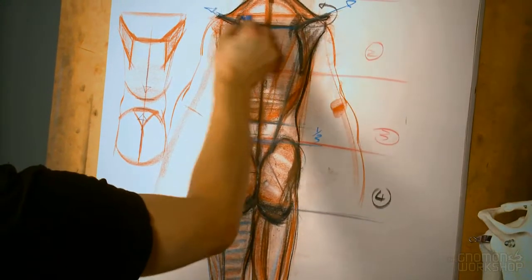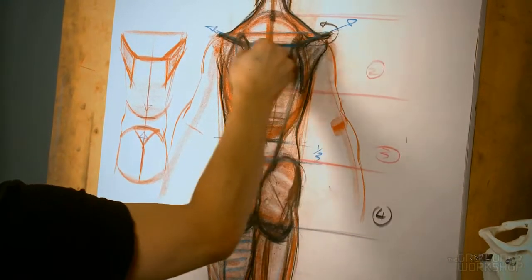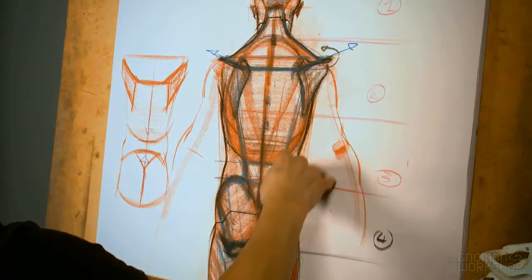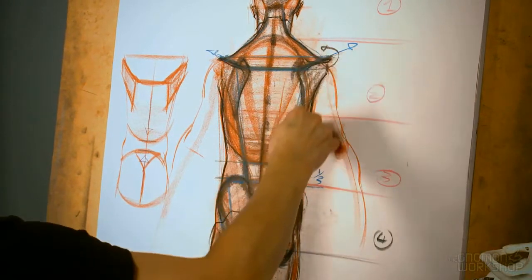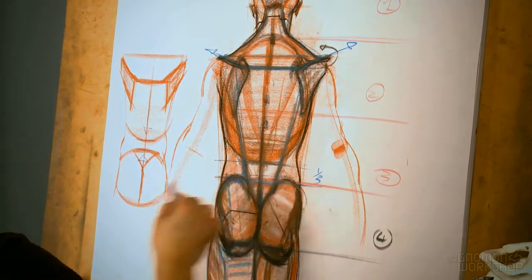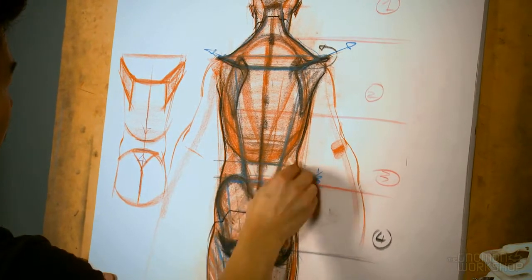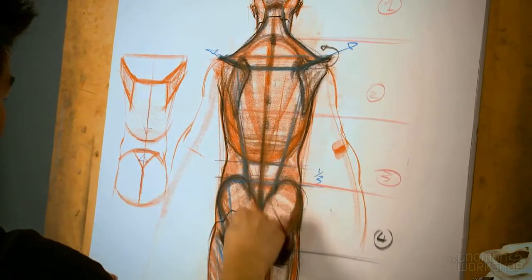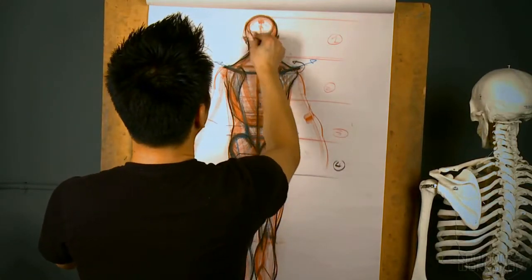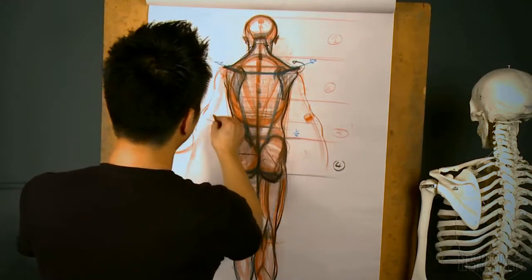Remember these relationships. Trying to connect things. So back to the arm. Again, I mark the elbow about where the bottom of the rib cage is.